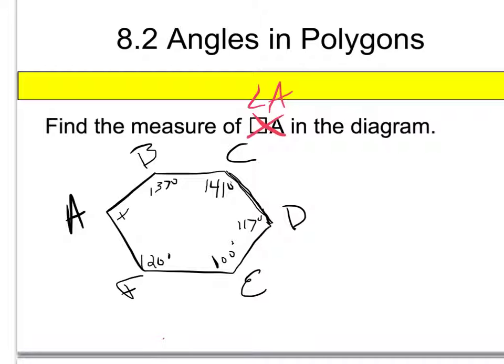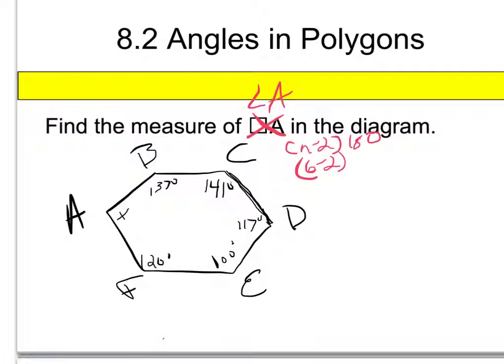What you have to do, the very first thing you have to do, is figure out first of all what is the total sum of this polygon. This polygon is going to be a hexagon. We know a hexagon has 6 total sides. So if it has 6 total sides, we can plug that into our equation of n minus 2 times 180. 6 is going to go in there.